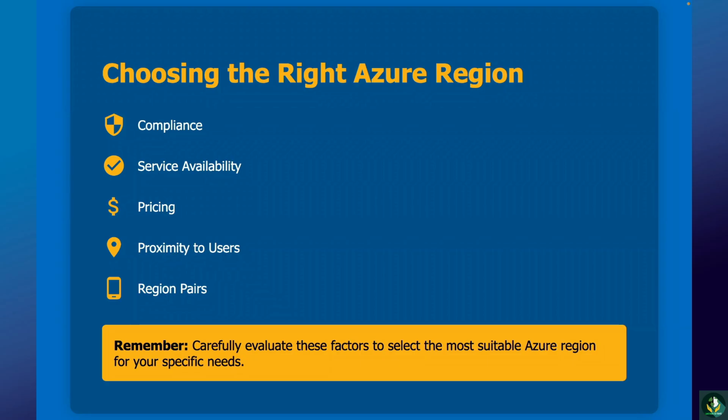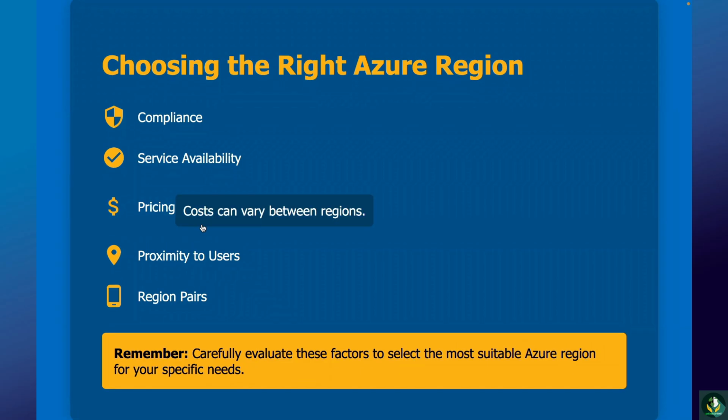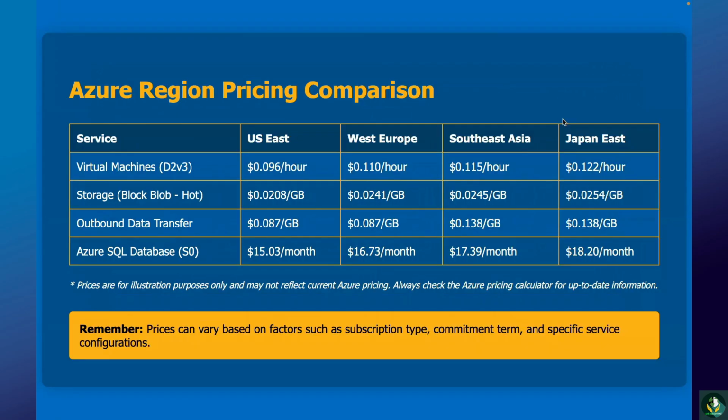Now let's take a closer look at this pricing aspect when choosing the right Azure region. For instance, let's take a look at this table comparing different regions and their prices. If we take virtual machine D2 version 3, you'll get 0.096 per hour in the US East region, and you'll get higher prices for West Europe, Southeast Asia, and Japan East.